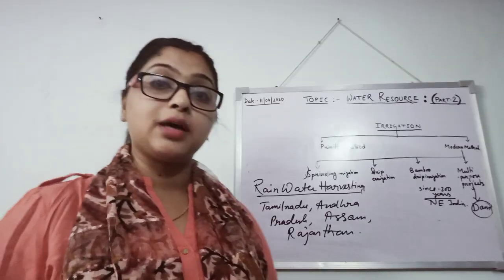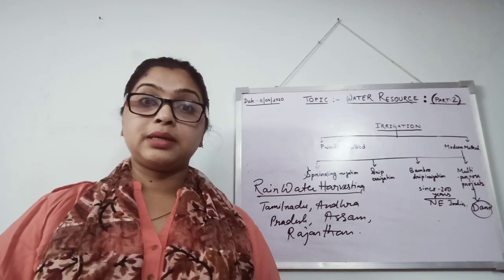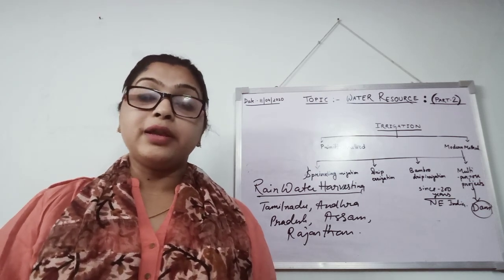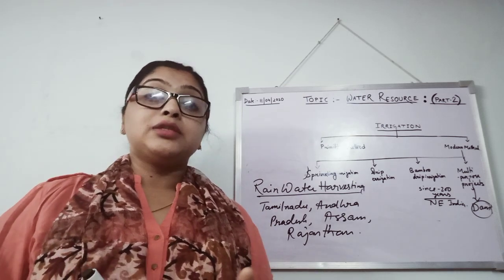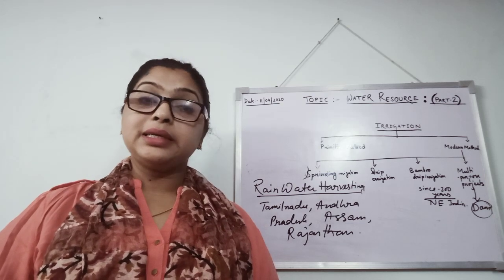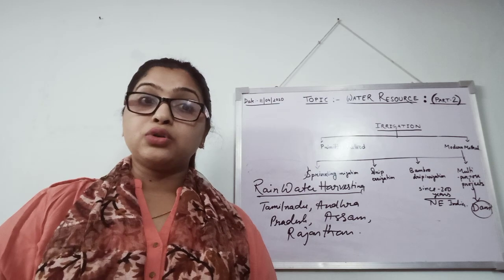They have already started this rainwater harvesting method. This method is very useful because it can save and store water in a large amount, and it is not that costly, meaning not expensive.